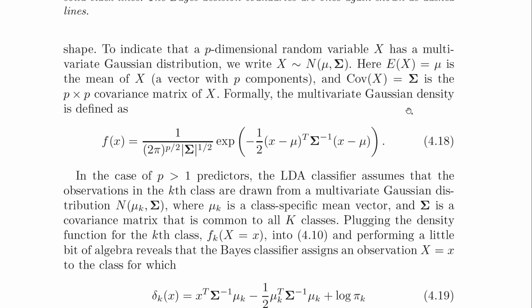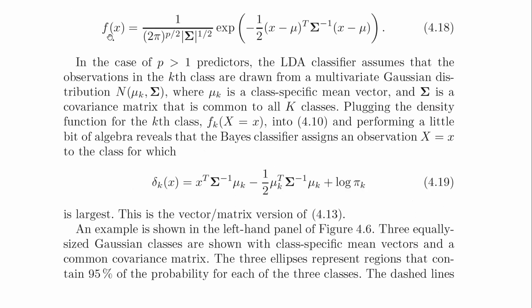Formally, the multivariate Gaussian density is defined as this over here. Okay, so it gives you a real number. It gives you one real number, and you sort of think of it as a probability. You're sort of saying the probability, although strictly speaking, it's not a probability.